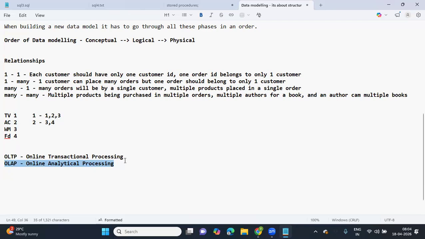Okay. So there are two types of systems. Maybe in interviews they'll ask you what is OLTP and OLAP, or what are the types of systems available. So OLTP and OLAP. OLTP is real time, like the Amazon transactions or banking transactions, which have to be reflected immediately. Let's say you have placed an order on the Amazon website, it has to be reflected immediately in their database. Then only they will process the order, right?